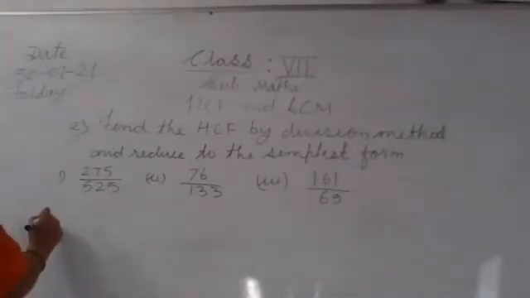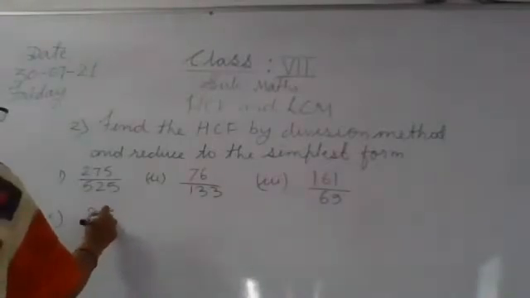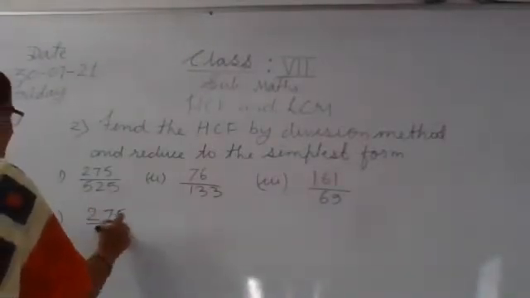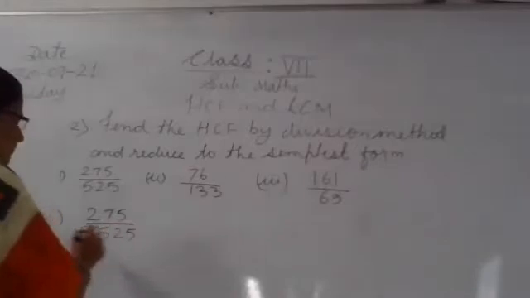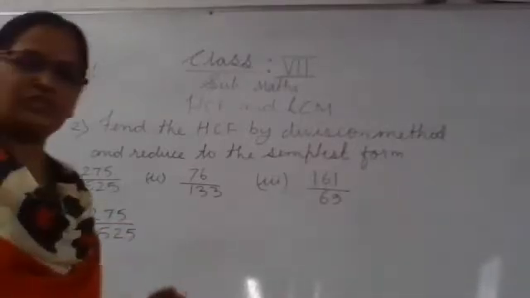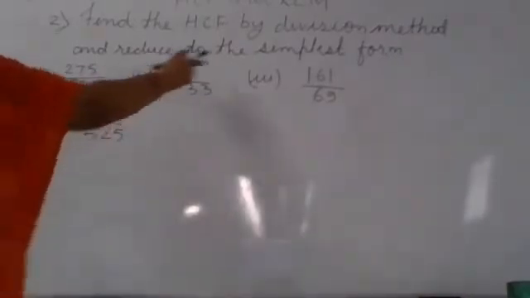So it is question number 1, 275 divided by 525. First we will find the HCF of these two numbers by the division method.